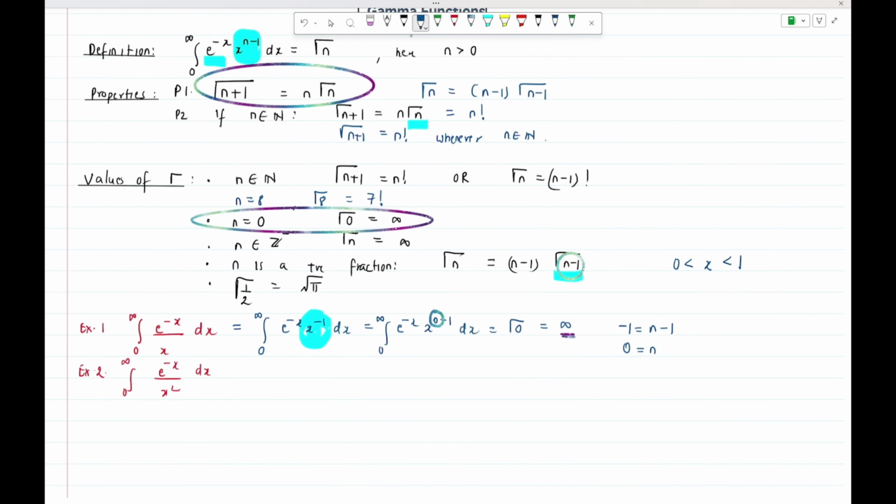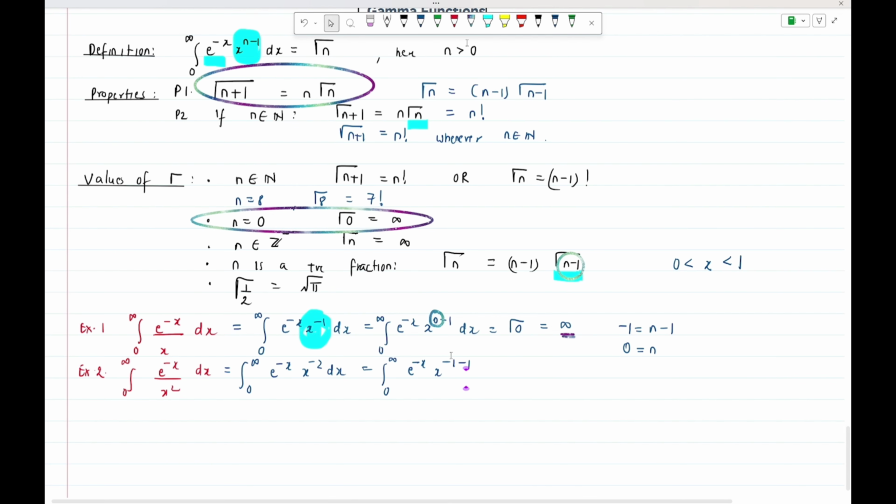For the second example, we take the integral from 0 to infinity of e raised to negative x upon x square. Again, we are going to rewrite it in the standard form. The x square in the denominator comes in the numerator with power negative 2. Again, we write the power of x as n minus 1, so we rewrite it as minus 2, which is minus 1 minus 1.